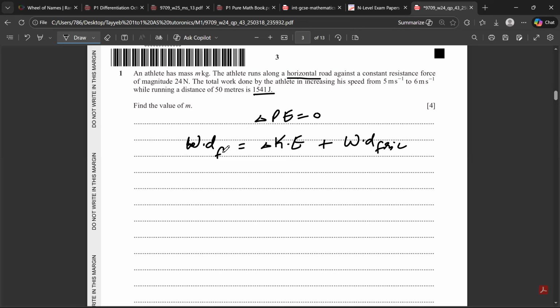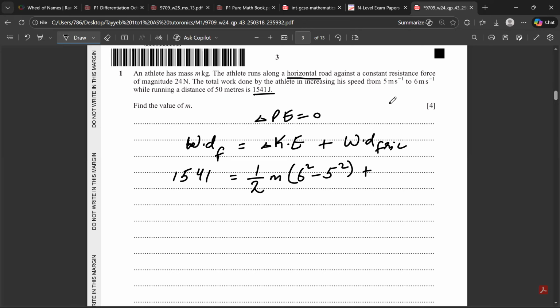So work done by the force is given here, that we are providing here, 1541. Okay, so change in kinetic energy, so half m (v square minus u square). Final speed minus u square.